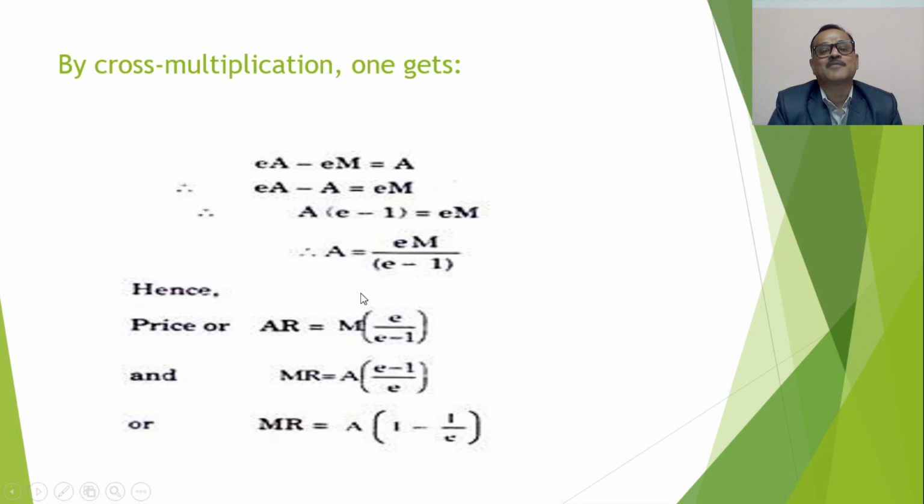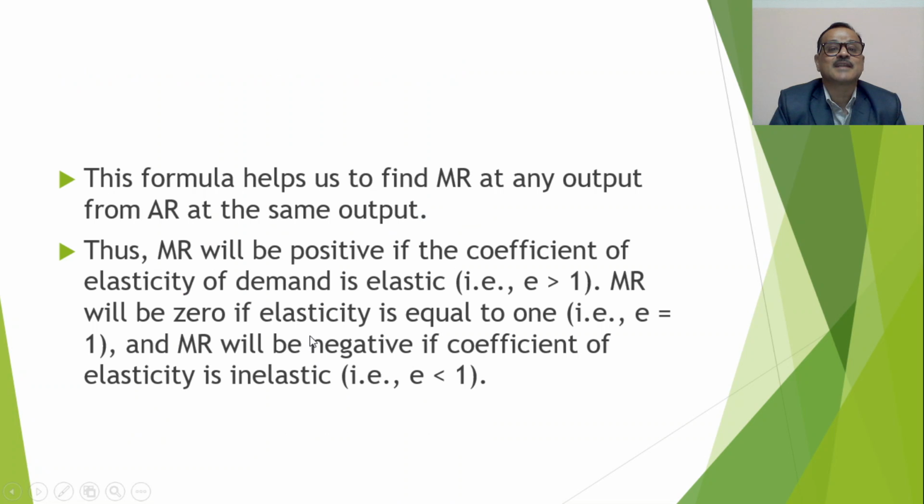It means if we have AR and elasticity, we can find MR. Or if we have MR and elasticity at that point, we can easily find AR. So this is the relationship between AR, MR and elasticity at that point.